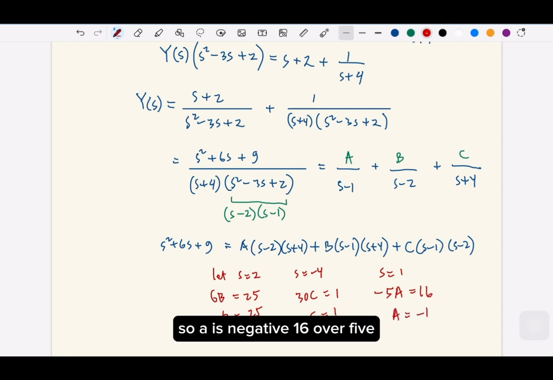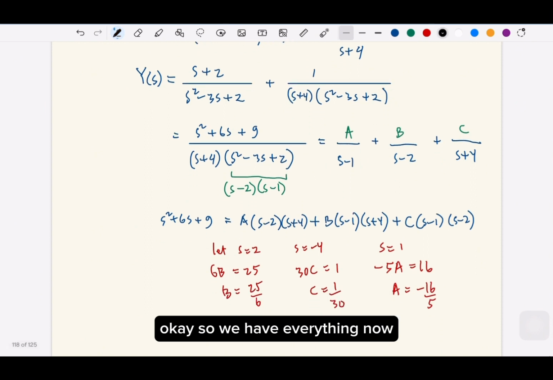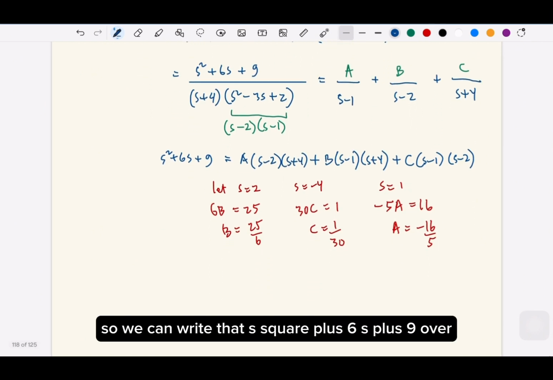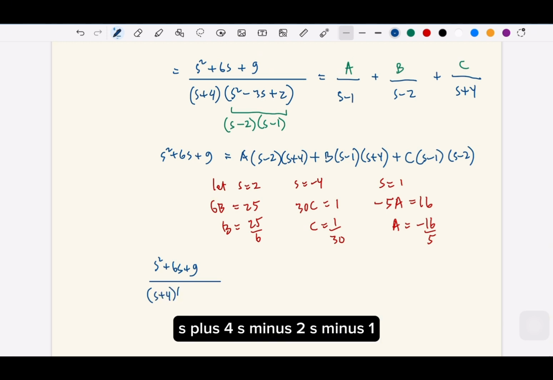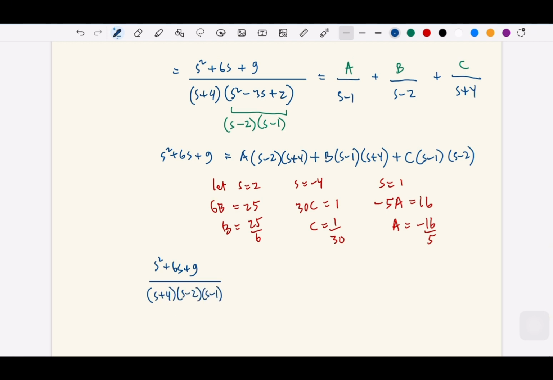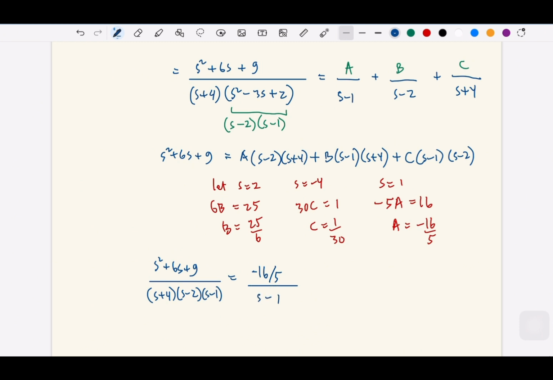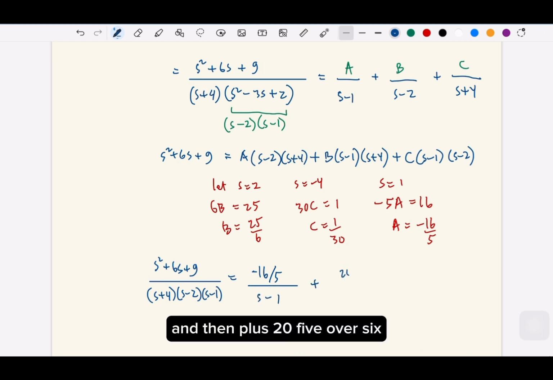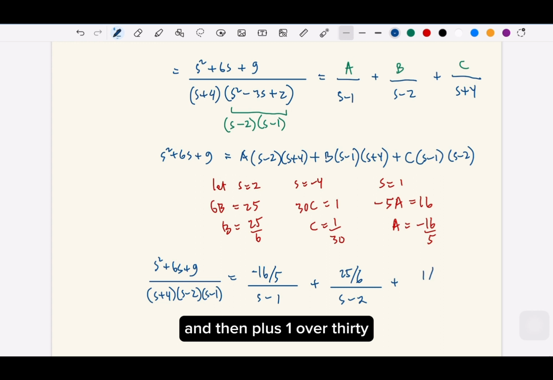So A is negative 16 over 5. Okay, so we have everything now. So we can write that s squared plus 6s plus 9 over s plus 4, s minus 2, s minus 1 equals A, which is negative 16 over 5, and then plus 25 over 6, and then plus 1 over 30.